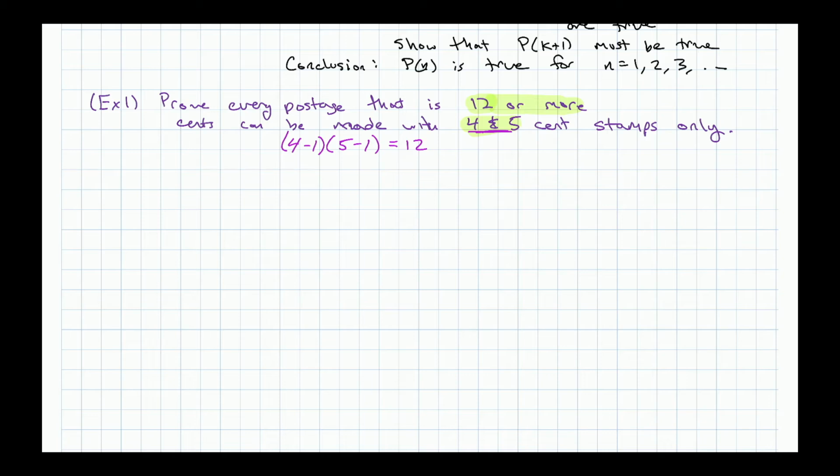And that 12 is the 12 or more cents. And as long as the 4 and the 5 are what they call relatively prime, that means the greatest common divisor of these two is 1, right? So no numbers go into both of these except for 1.